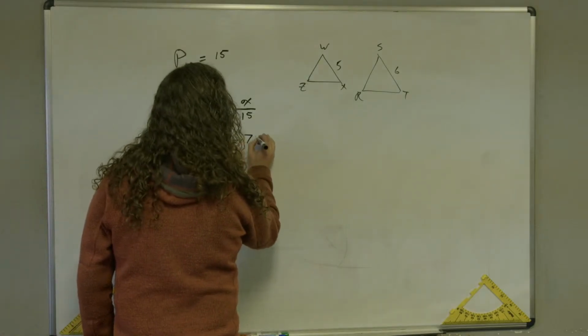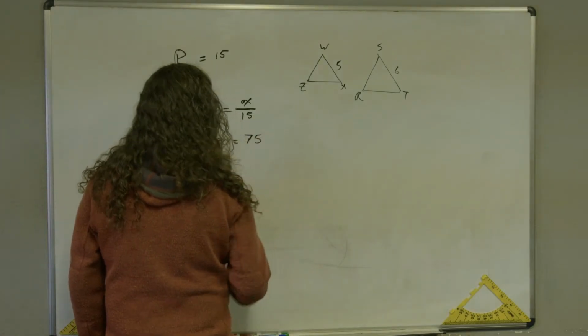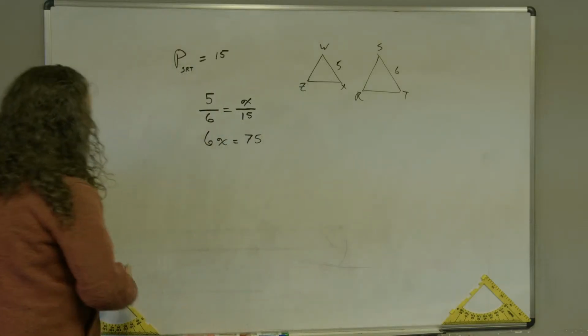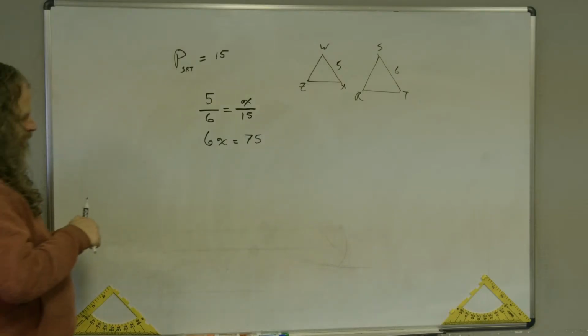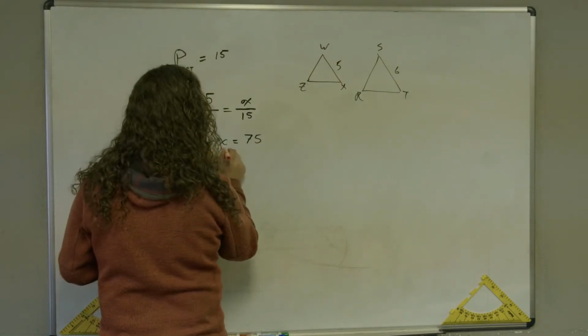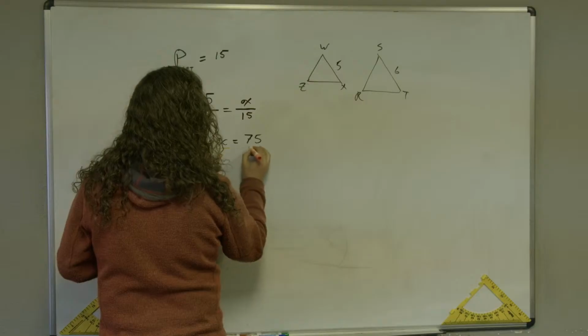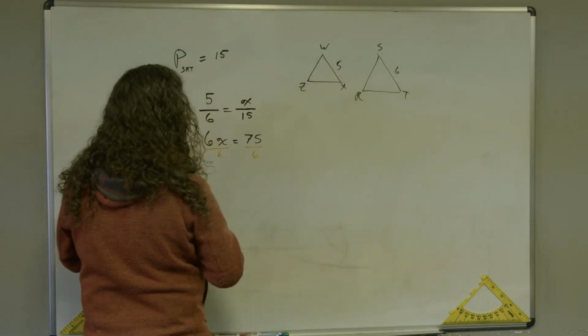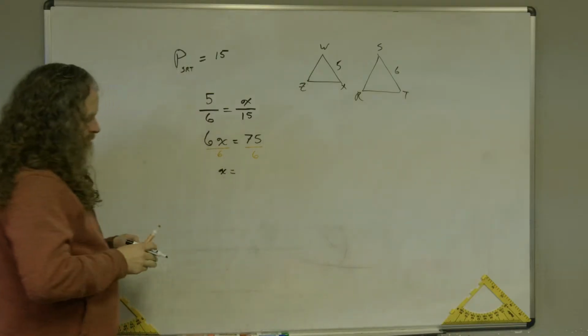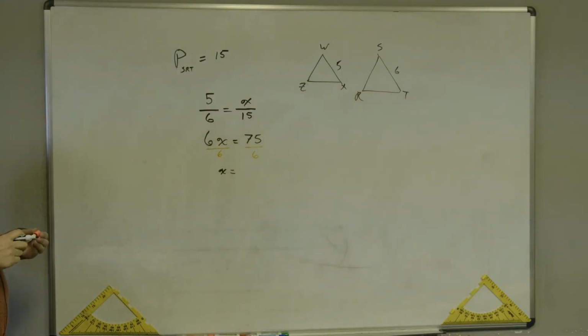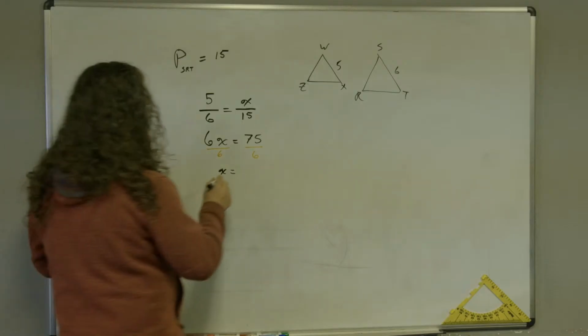Sounds accurate. Now what? Divide by 6. So x equals what? 12.5.